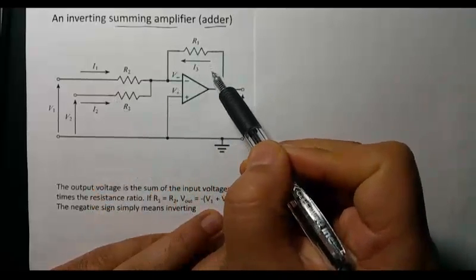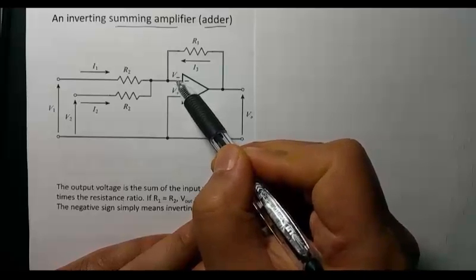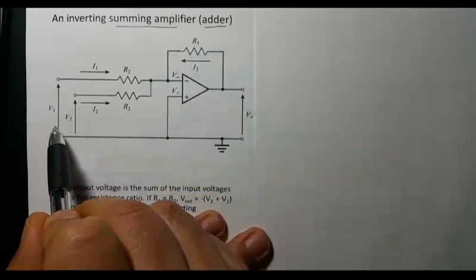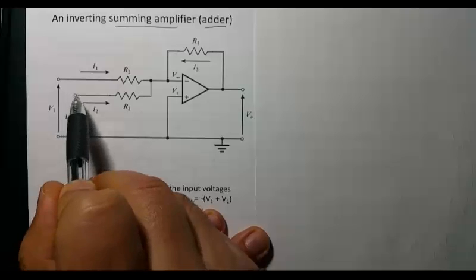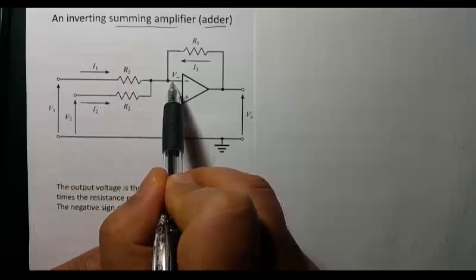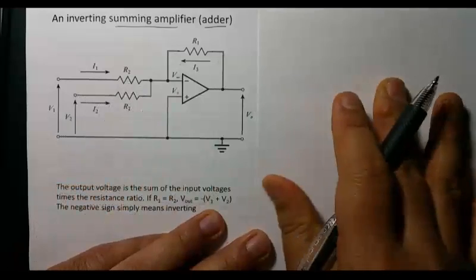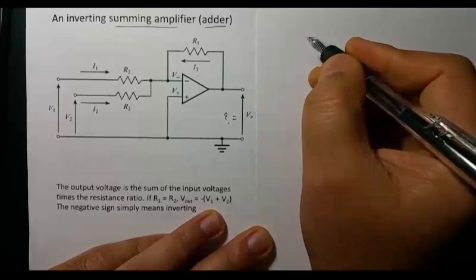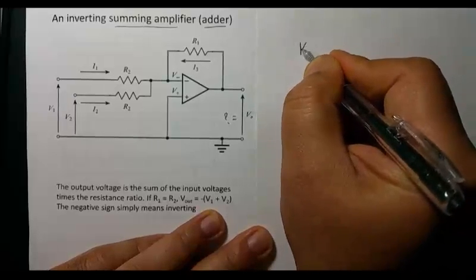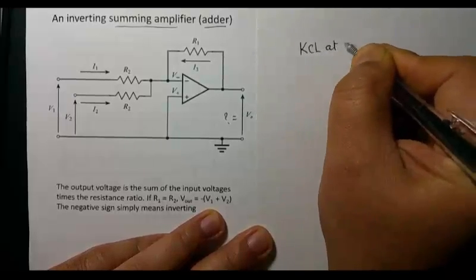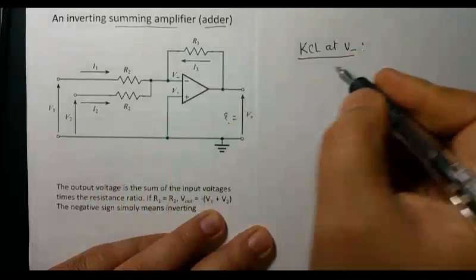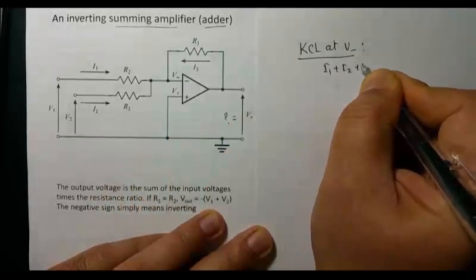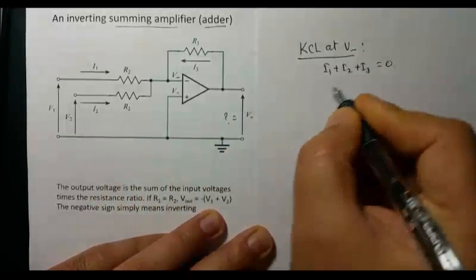So you do need a negative feedback to the inverting input with this resistor R1, and you're applying both input voltages V1 and V2 through these two resistors at the same node. So then let's figure out the output. You just apply KCL at V negative right here. So this is going to be I1 plus I2 plus I3 is 0.